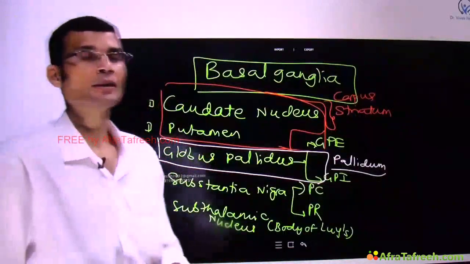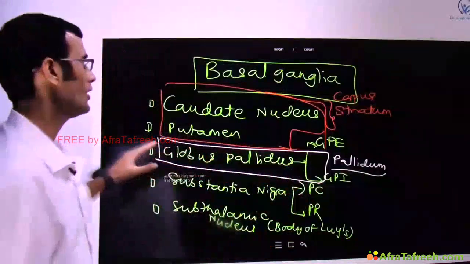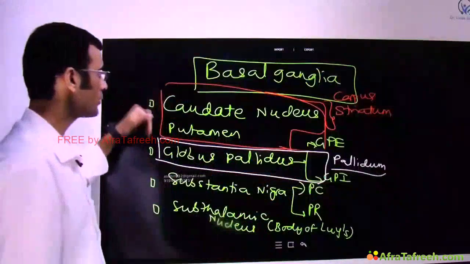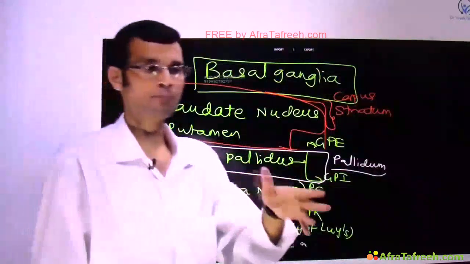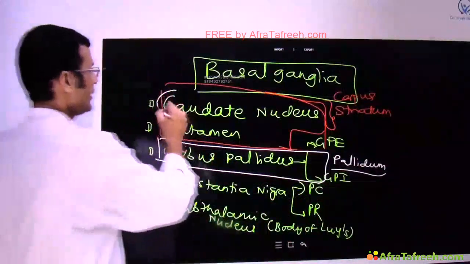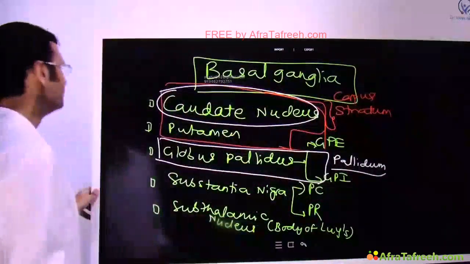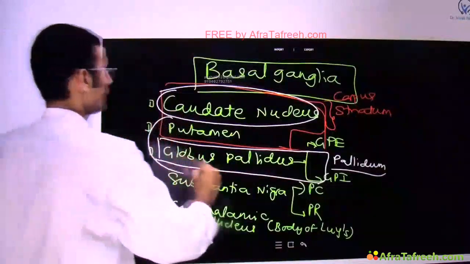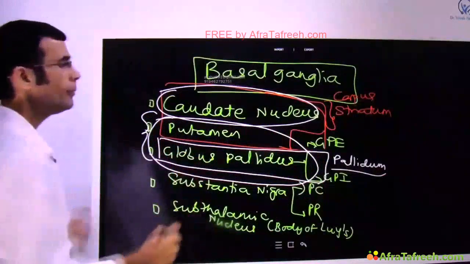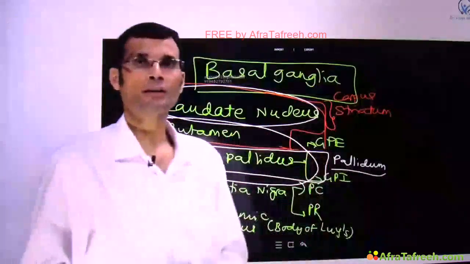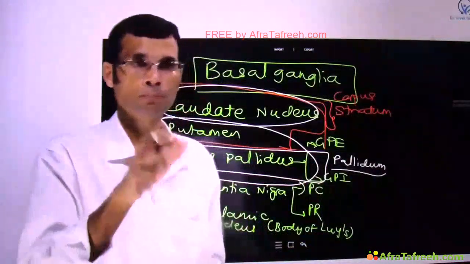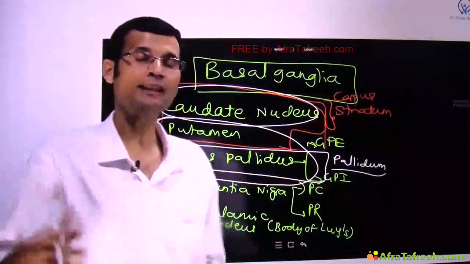Anatomically, there is one more way of looking at these nuclei. These 3 structures, caudate nucleus, putamen, globus pallidus, are on either side of the internal capsule. So on one side there is caudate nucleus, and on the other side the putamen and globus pallidus together form the lentiform nucleus.